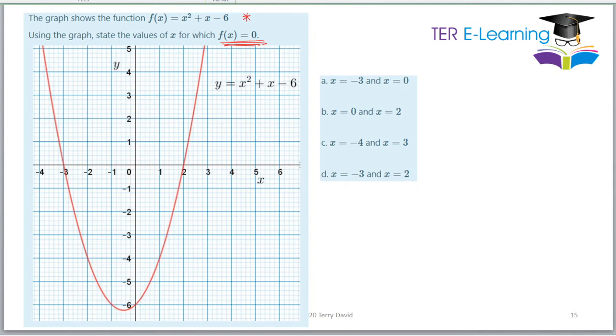Alright, so I see people saying D. Remember, once you see f of x equal to 0, what that means is, where does the graph cut my x-axis? That's what this is saying. So where does the graph cut the x-axis?